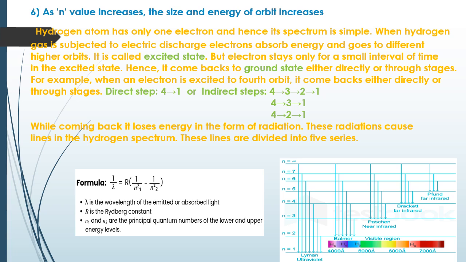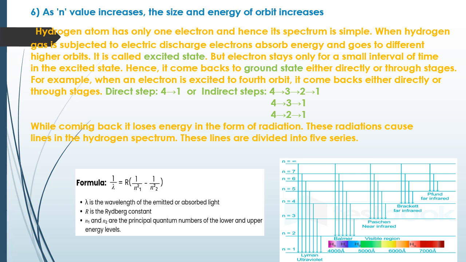The Lyman series is where the electron jumps from a higher orbit to the first orbit. It is formed in the ultraviolet region. In the case of Balmer, the electron jumps from a higher orbit to the second orbit, in the visible region. In the case of Paschen, the electron jumps from a higher orbit to the third orbit, in the infrared region.